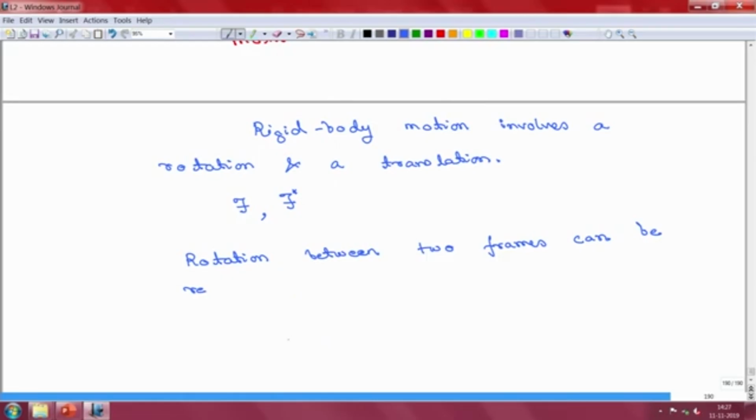So, the rotation between two frames can be represented by a matrix, let us call it Q, and I just put a double bar here to indicate that this is a matrix, where Q into Q transpose gives us the identity matrix. Okay. So, Q is also often called an orthogonal matrix.